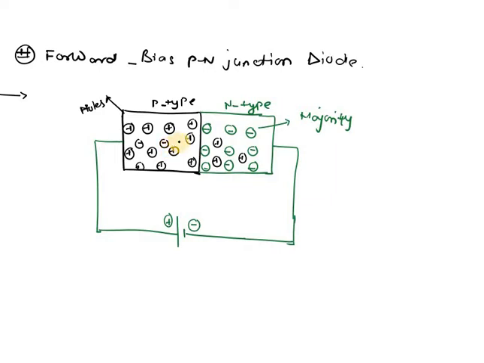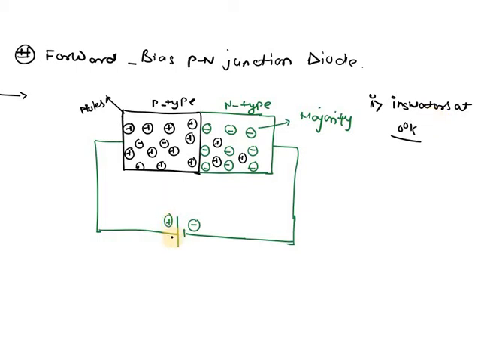Now, an important point we already discussed: all semiconductors are insulators, but at what temperature? At 0 degree Kelvin. That means when we haven't applied any external voltage or the temperature is not increased, they behave as insulators.